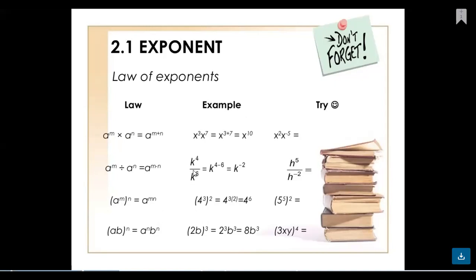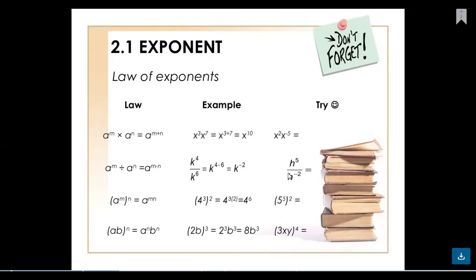Okay? So for example, k raised to 4 divided by k raised to 6 is equal to k raised to 4 minus 6. So definitely the answer is k raised to negative 2. So how about this one?